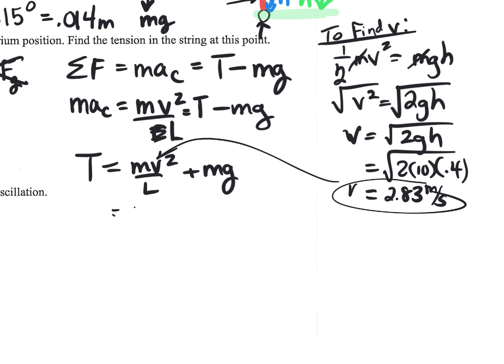Okay, so the mass was 0.5. We know this is 2.83 squared. The length was 0.4. 0.5 times 10. So let's multiply all that together. I get about 15.